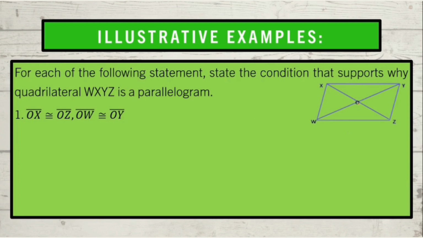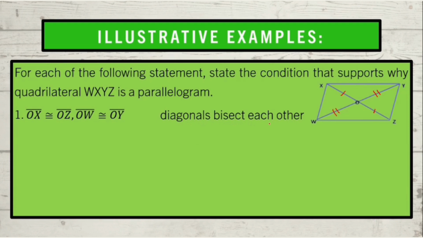So as you can see, this is line segment OX and it says that it is congruent to line segment OZ. And this is line segment OW and it says that it is congruent to line segment OY. So therefore, what condition is that? Correct! That is the condition wherein the diagonals bisect each other.